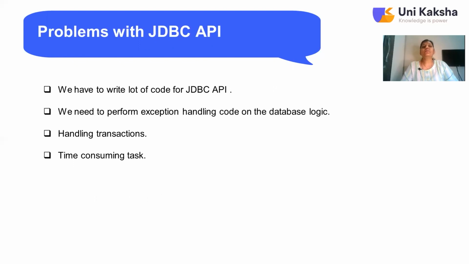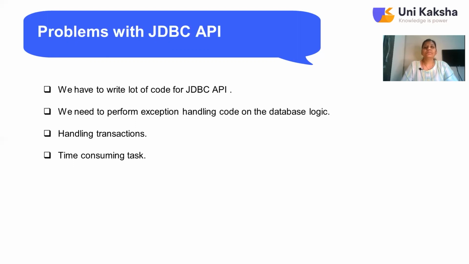Next is we need to perform the exception handling, and we have to write the code on the specific database logic. Then we have to also handle the transactions, that is we are going to write a code for accessing the data from database, for storing the data in database, updating, and for performing all the kind of transactions. So for performing all these things, it is considered as a time consuming task.